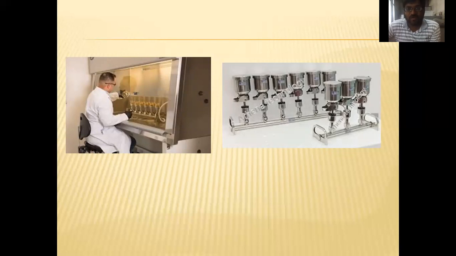One piece you have to inoculate in the soybean casein digest medium, and one piece you have to inoculate into the fluid thioglycolate medium. The amount varies from product to product.